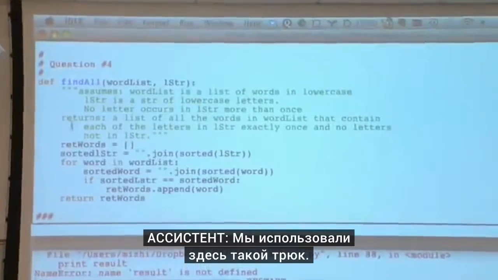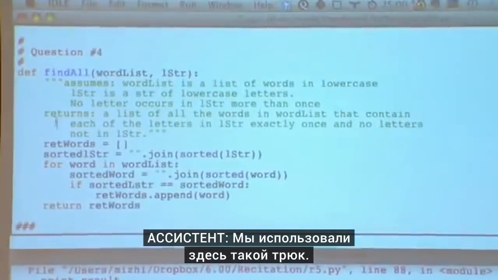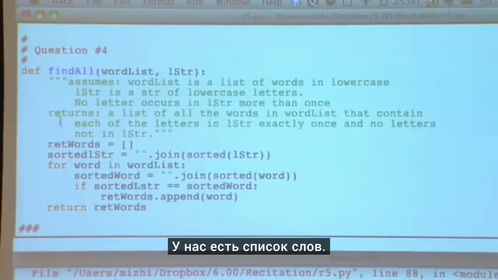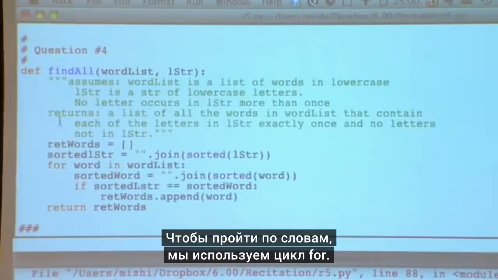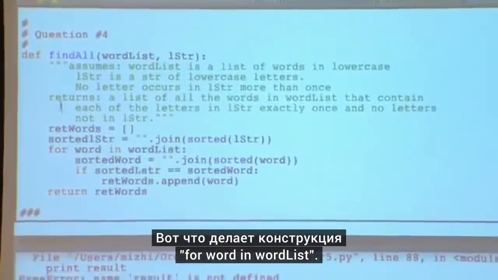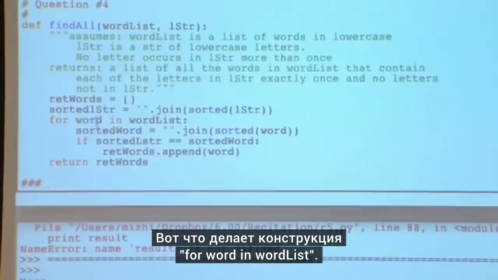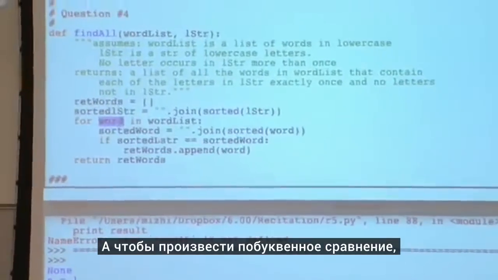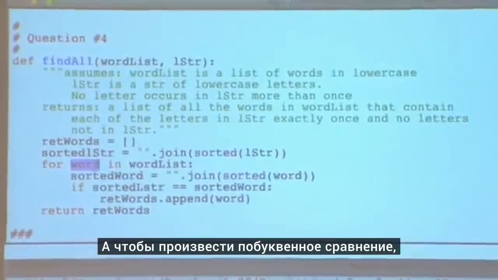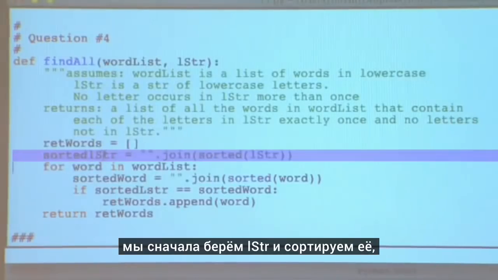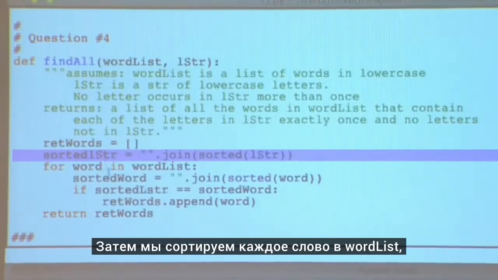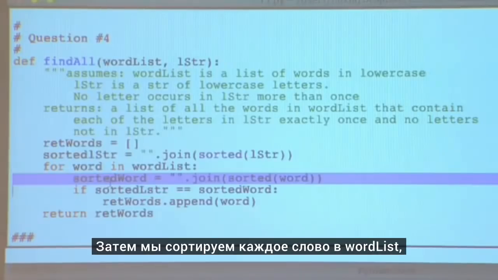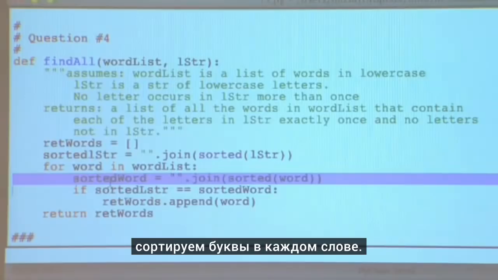Well, that's kind of the trick we have here. So we know we have a list of words, so to iterate through the words, it's just a for loop, right? So that's what that for word in word list does. To do the thing where you match the letters one to one, what we implemented here is we first take Elster and we sort the characters in Elster, and then for each word in the word list, we sort the characters in that word.